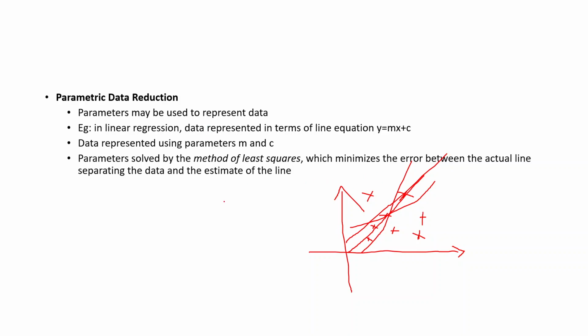So a line is represented by the line equation y = mx + c. The idea of parametric data reduction is that you try to estimate the parameters m and c, the slope and the y-intercept. Which means if you have a million data points, those million data points can be represented using two simple numbers, m and c.